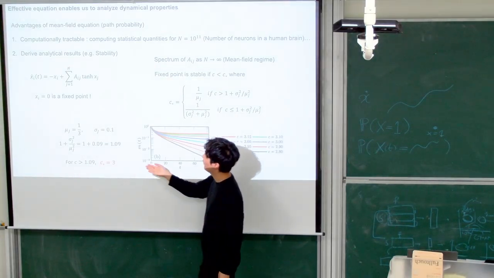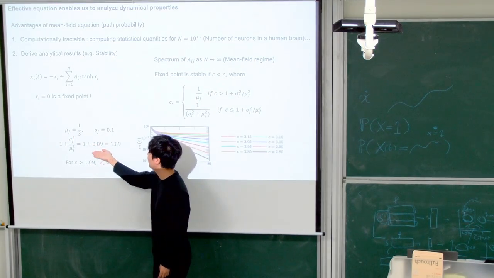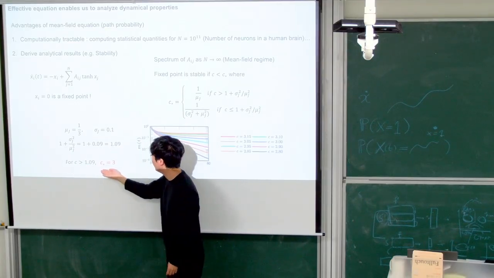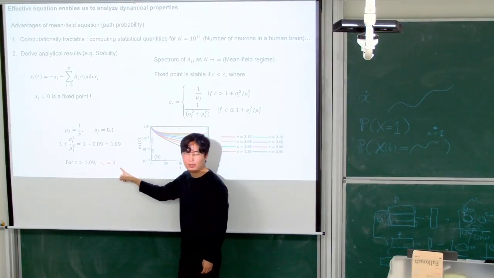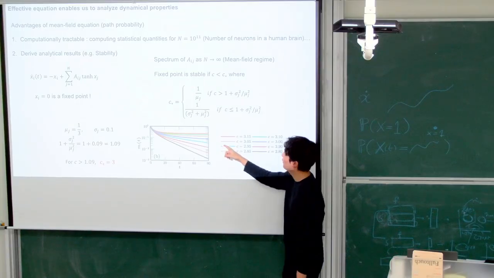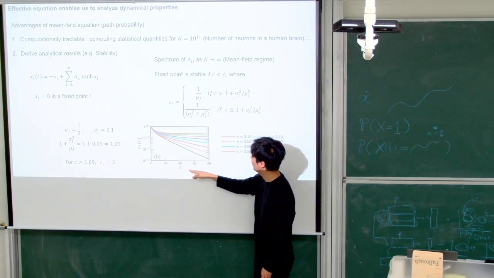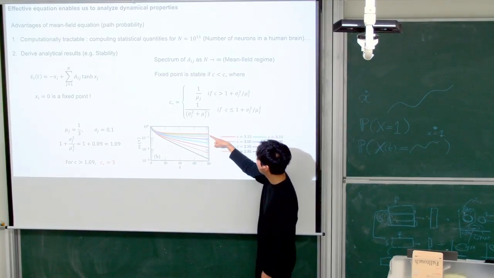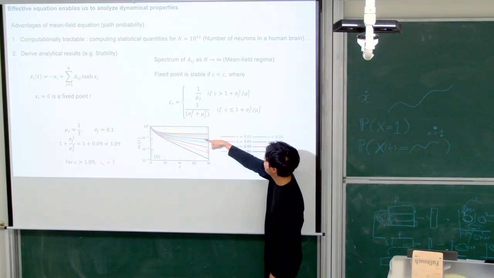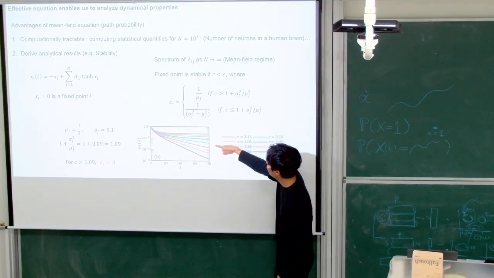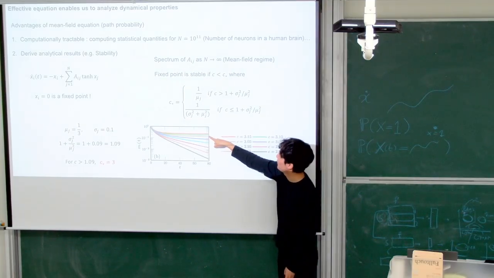Actually, the authors choose mu and sigma like this. Then if you compute this, you can finally compute that the threshold becomes 3. Now if you observe this graph, at time equal to 80, you can observe that below the blue line, the trajectory seems to converge. The others maybe look flat.